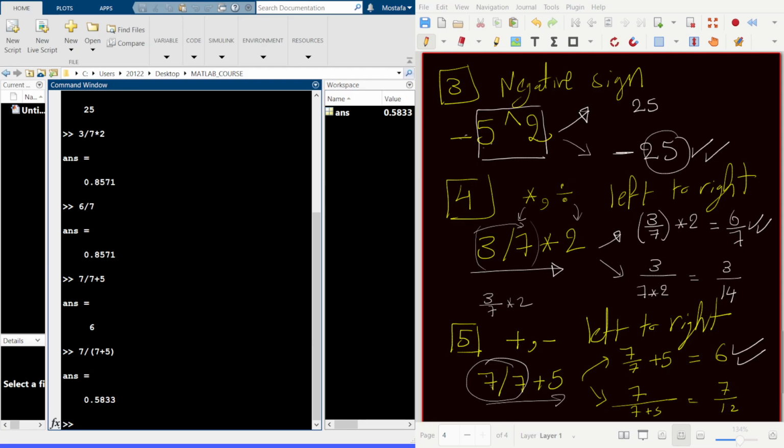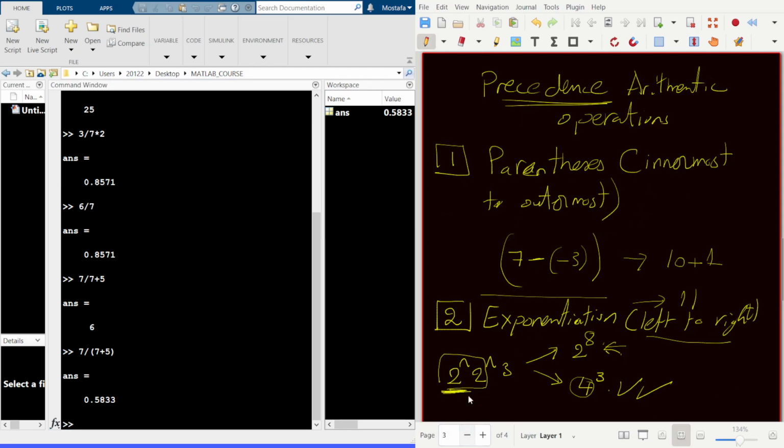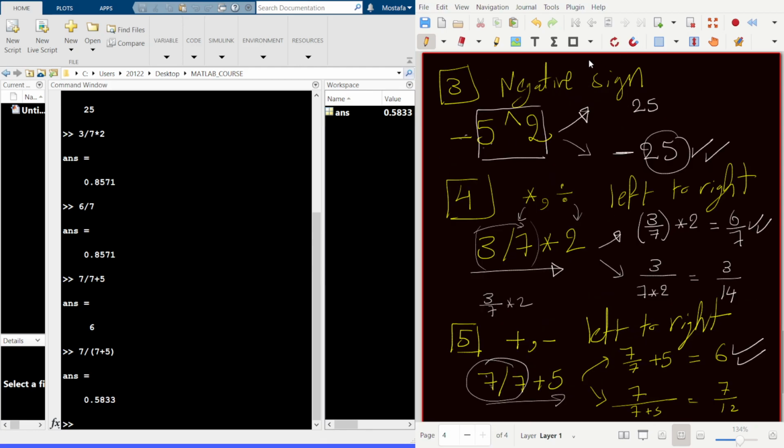Basically, we said that the order of precedence starts with parentheses first, usually from the innermost to the outermost, and then exponentiation next, and this goes from left to right, and then negative sign, and then the division and multiplication, they go from left to right, and both of them have equal priority, and then addition and subtraction, which go from left to right, and again have equal priority.